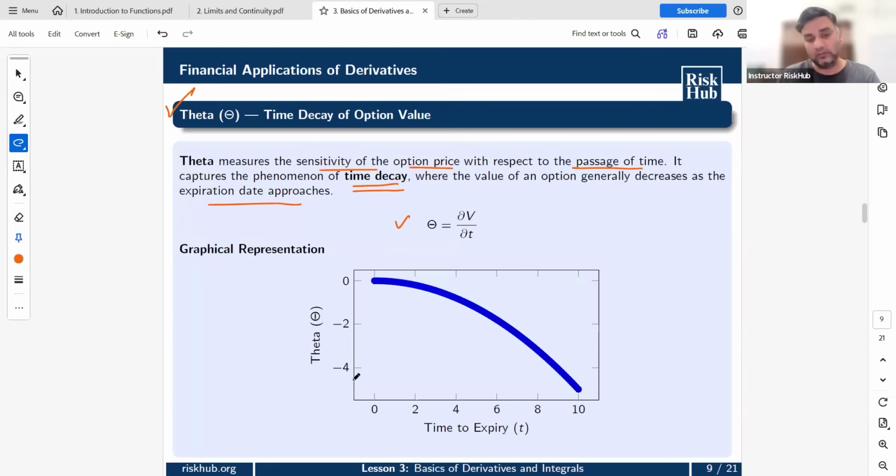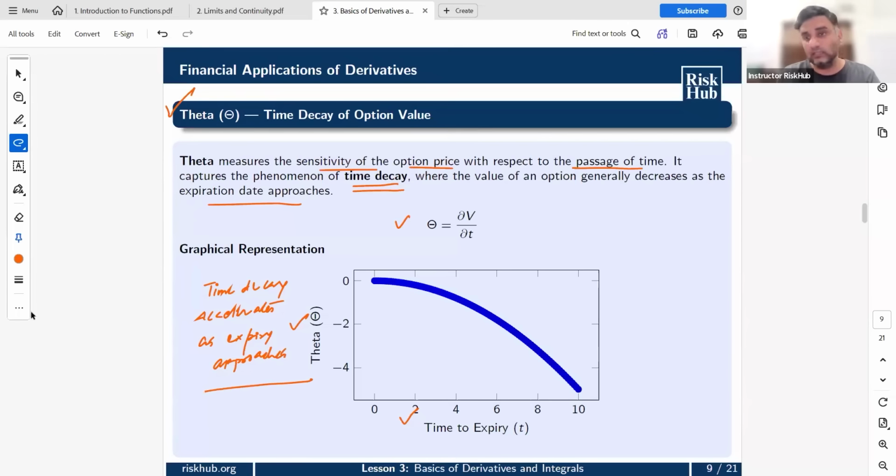Horizontal axis here is time to expiry. Vertical axis here is theta. The curve becomes more negative near expiry, meaning time decay accelerates. Expiry approaches, right?